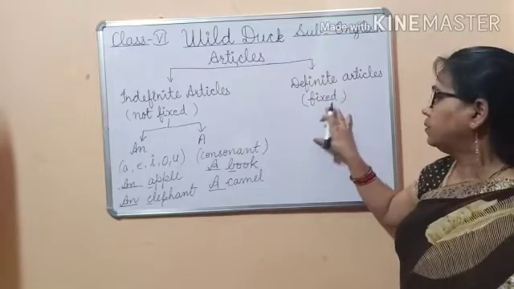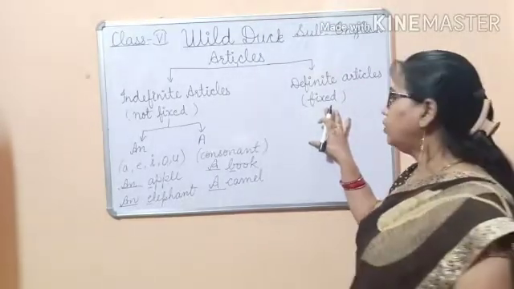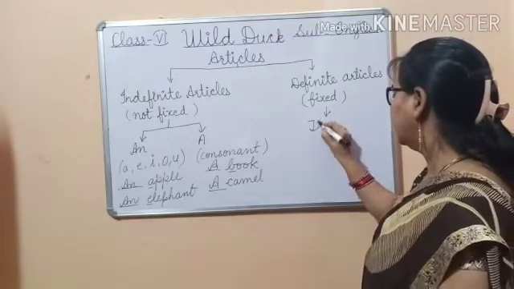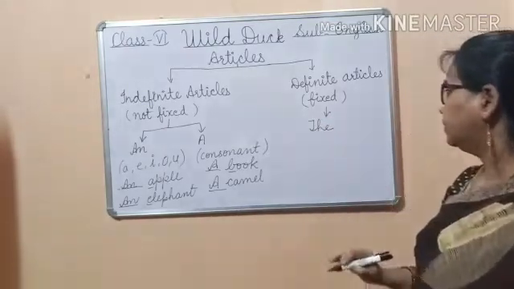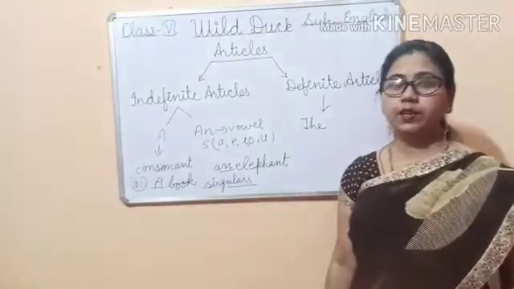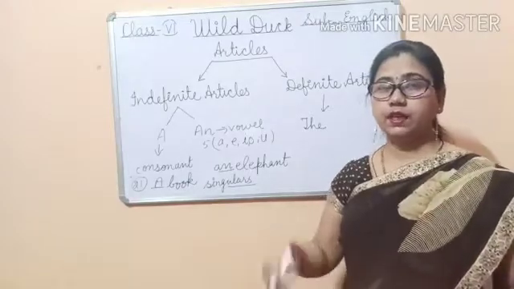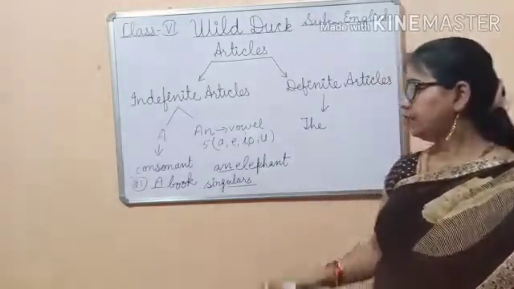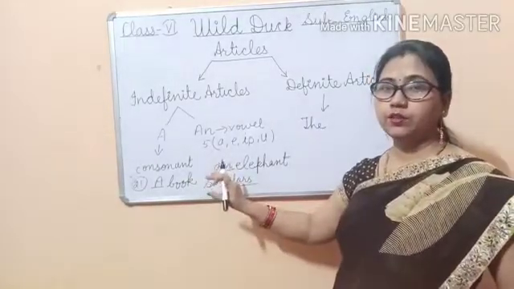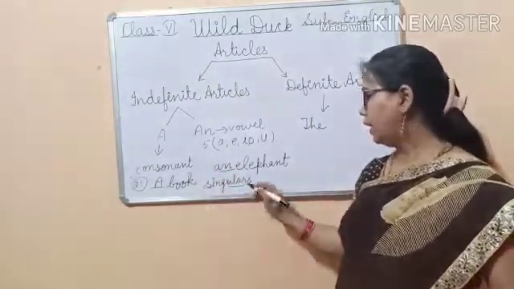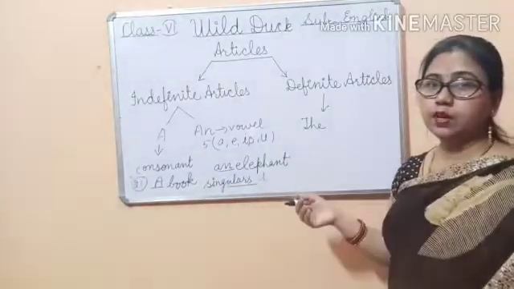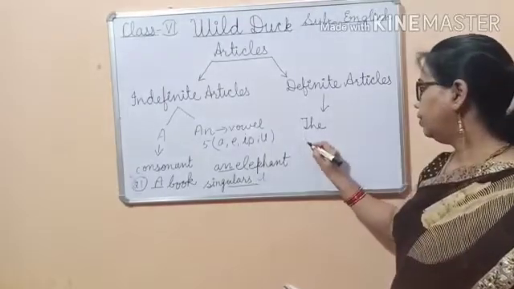Definite articles mean fixed articles. Here we use the. The article 'the' is used when we talk about something a second time. First time when we use any noun, we will write a. And when we use that noun again, the second time, we use the.